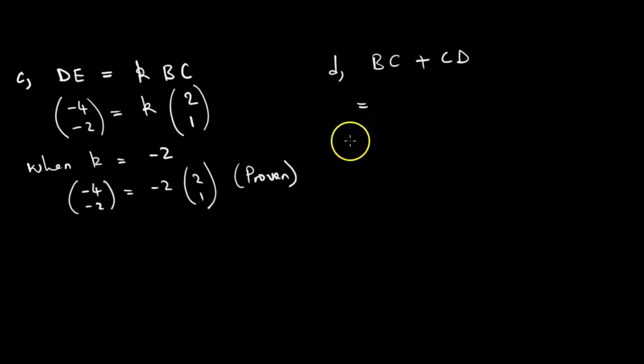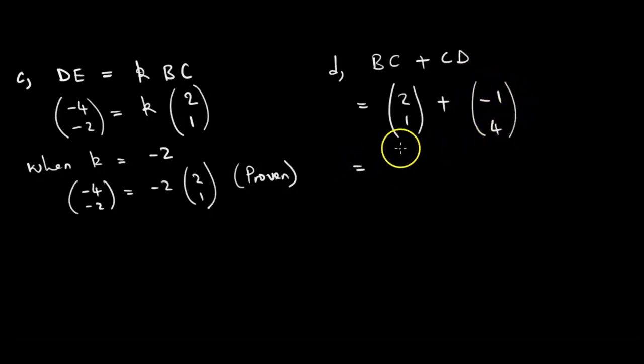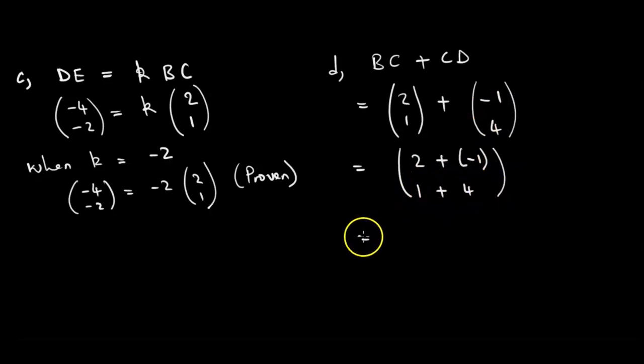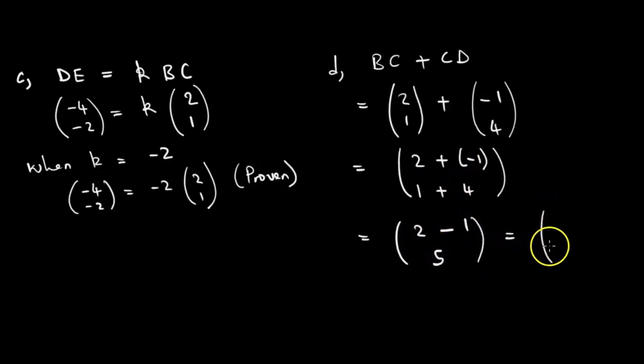The value of BC is (2, 1) plus the value of CD, (-1, 4). So this is equal to 2 plus minus 1, and 1 plus 4. So 2 minus 1 is 1, and 1 plus 4 is 5. So our D is (1, 5).